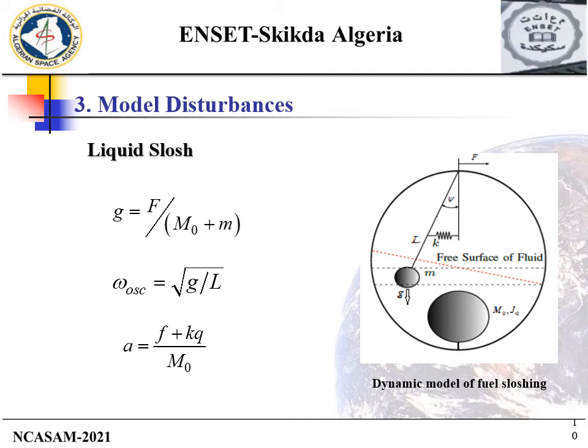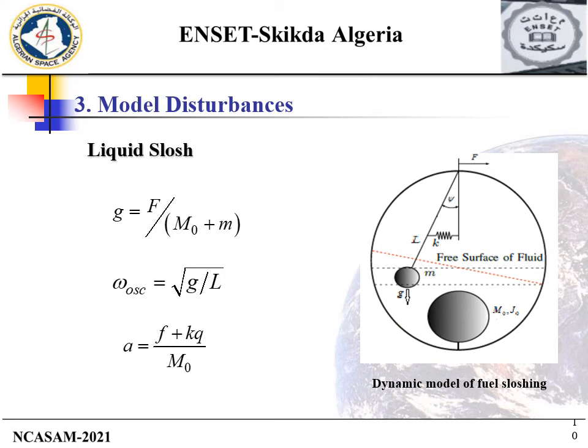For these characteristics, the following three equations can be found, where the fuel tank is under the action of the force F. The fixed mass is assumed to be non-sloshing and stationary, which is located in the center of mass of the entire system, and affects the total moment of inertia of the satellite.